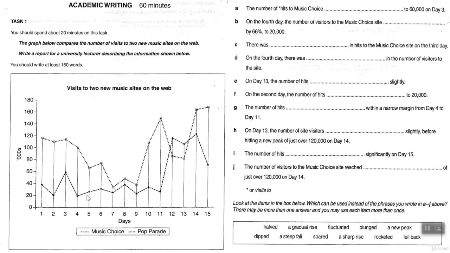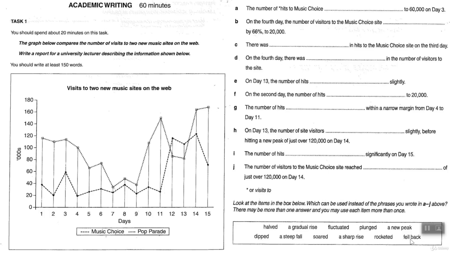So let's have a look in the box to see what we're going to use. On the 4th day, the number of visitors to the Music Choice site, we can't say halved by 66%. We can't say a gradual rise because we need a verb. None of these fit. None of these.